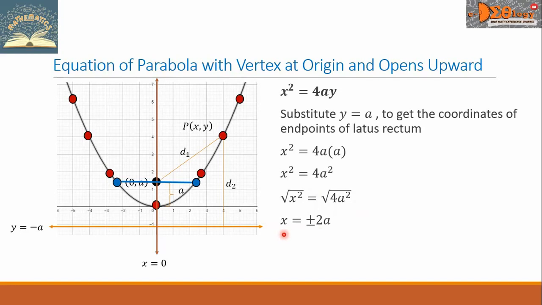So the value of x equals plus or minus 2a. It means the endpoints of the latus rectum are the points (2a, a) and (negative 2a, a).